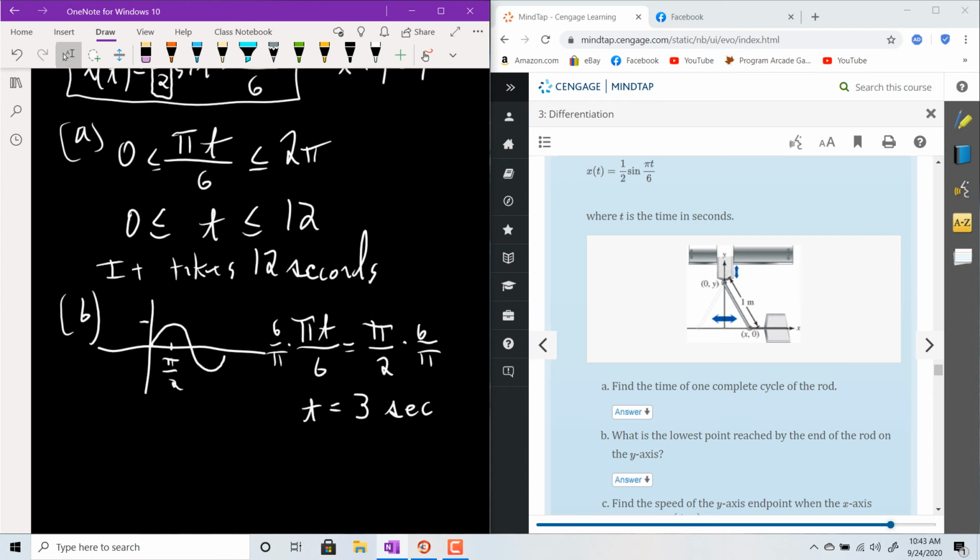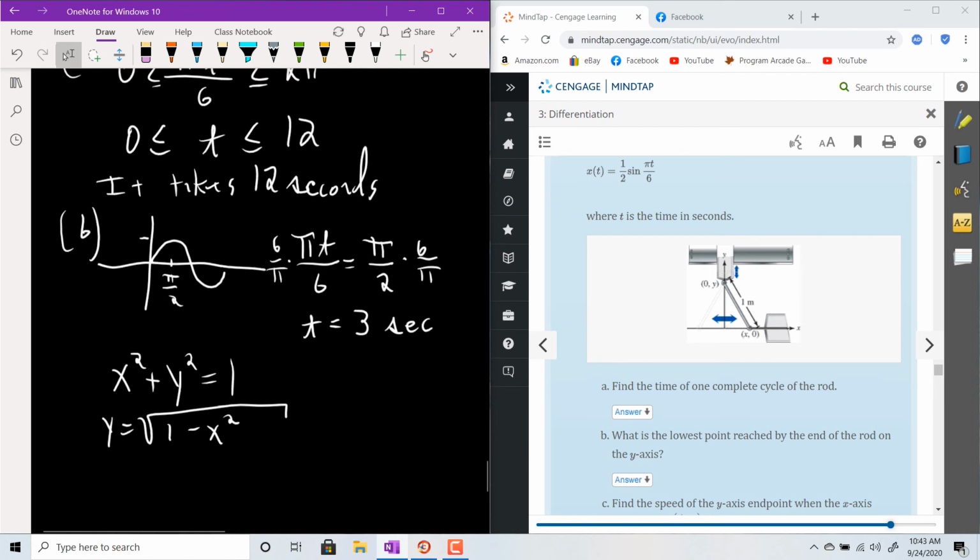For the minimum y value, if you look at the relationship between x and y, y equals the square root of 1 minus x squared. Then we plug in 1/2 for x and get the corresponding y value. This would be 1 minus 1/4, which is 4/4 minus 1/4, which is 3/4. If you take the square root of that, you get square root of 3 all over 2.